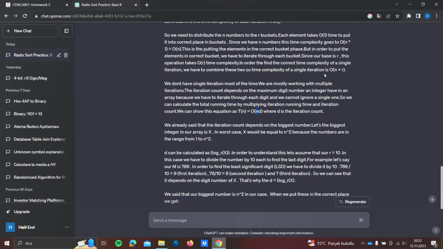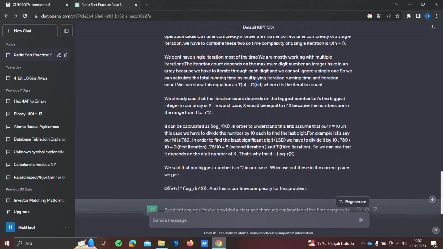So n in this case is actually n plus r, where d is the iteration count. So we have to find our iteration count. We already said that the iteration count depends on the biggest number, because the biggest number mostly has the biggest digit numbers.